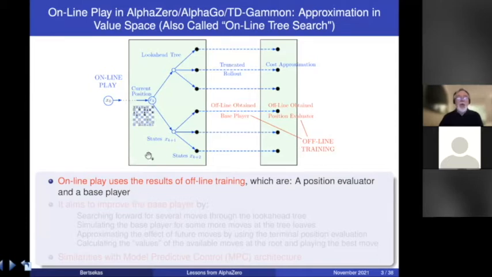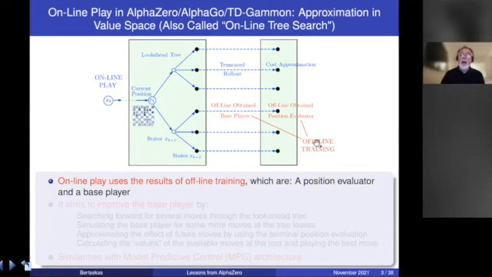Now, the online play algorithm is what you see here in blue, okay? The online play algorithm uses the results of offline training at two points. It uses a position evaluator to evaluate positions and a base player that generates moves at given positions.